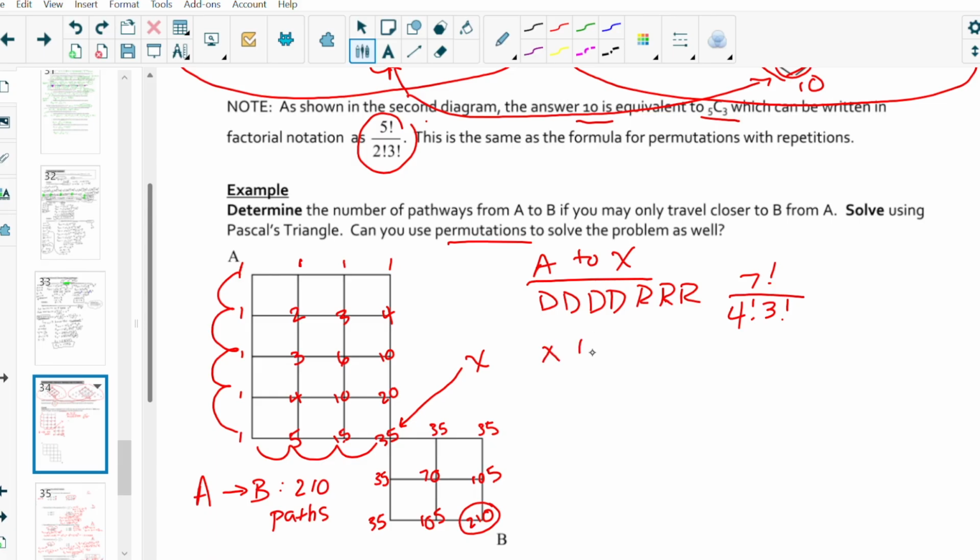When I go from X to B, 1, 2 down, so D, D, and then 2 right, R, R. So that is a total of 4 steps, and I want to divide out the repetitions.